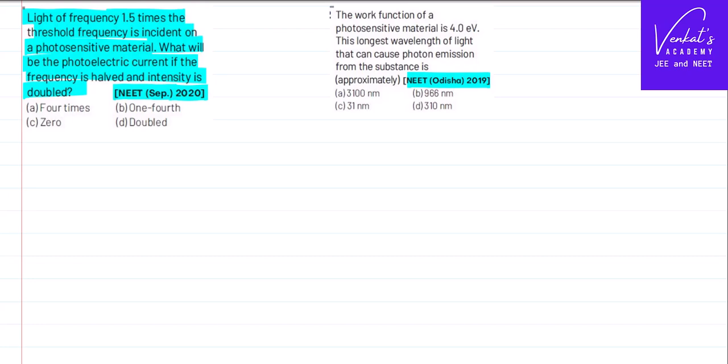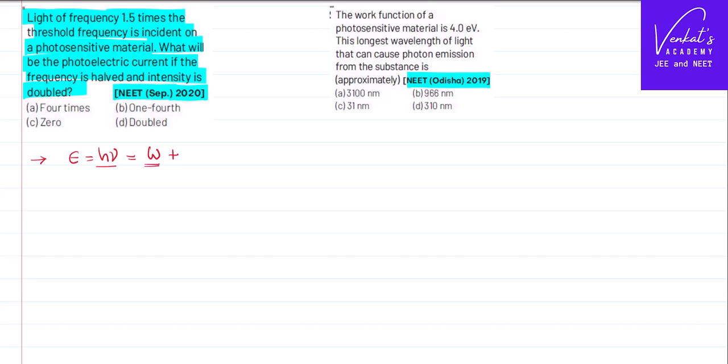Let's have a look at what happens when light of suitable frequency with a certain energy E, which is expressed in terms of photons as h nu, is incident on a metal surface. It is used in two phases. First, some part of the incident energy is used to remove the electron from the metal surface, and that energy is called work function.